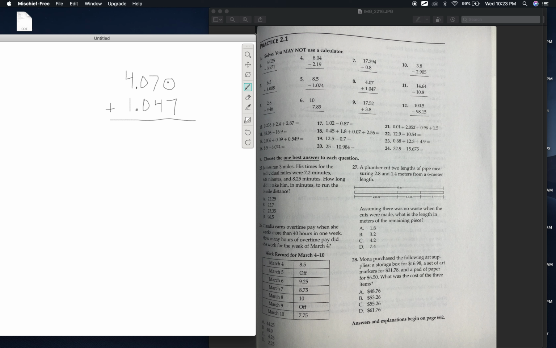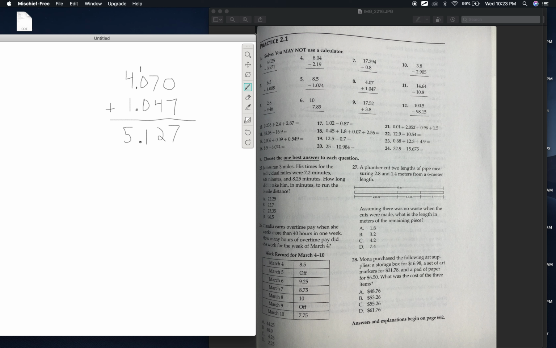So 0, I was about to say 0 minus 7, but this is addition. So 0 plus 7 is 7. 7 plus 4 is 11, so we can't put that there because we can only take this place value here. So we will carry the 1, okay, and just leave the 1 here. 0 plus 0 is 0, but we have the 1, so add the 1. 4 plus 1 is 5, staying alive.